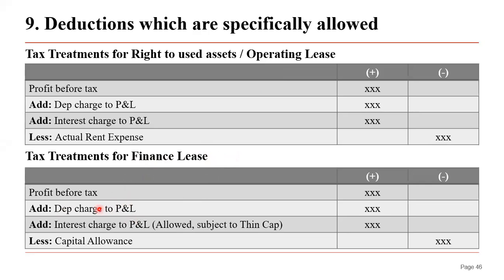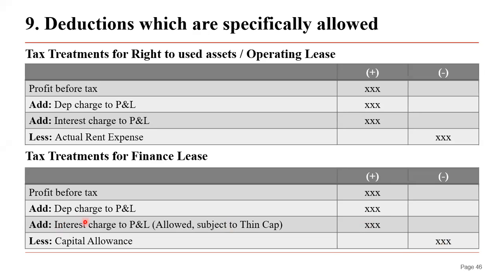Therefore, depreciation charge to the P&L, we need to add it. Then, on the same basis, we can claim capital allowances on the lease asset based on the class of the asset, whatever class 1, 2, 3, 4, 5, right?